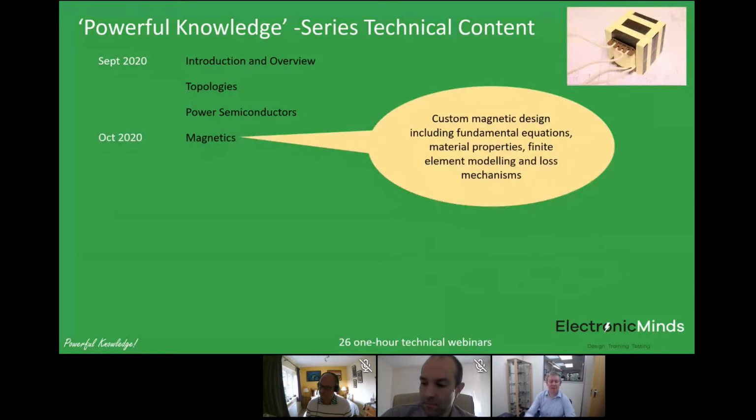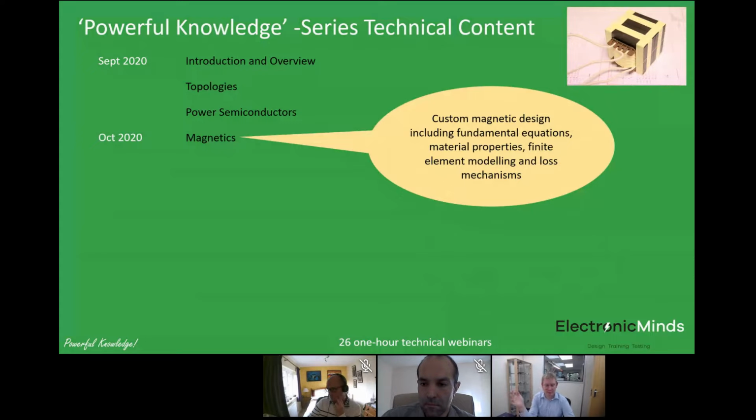Then we'll be moving on to magnetics design, and as you'll see, the magnetics design is something that's becoming absolutely key if you're trying to squeeze the last percent of performance out of your power converter system. And it's partly been driven by the fact that new wide bandgap power semiconductors allow us to push the switching frequency of power converters ever higher.